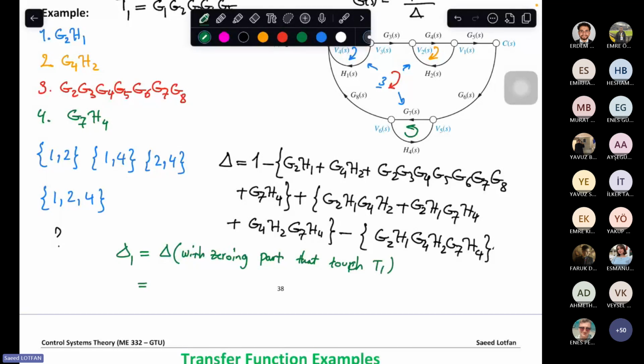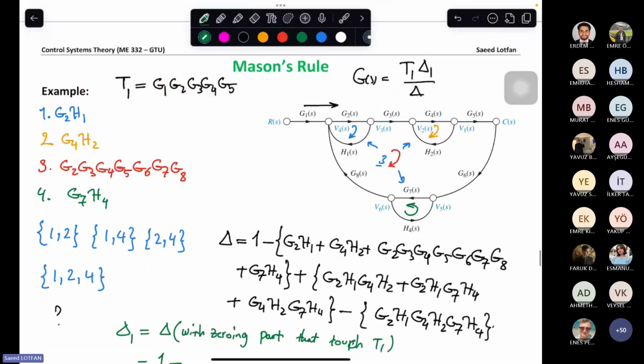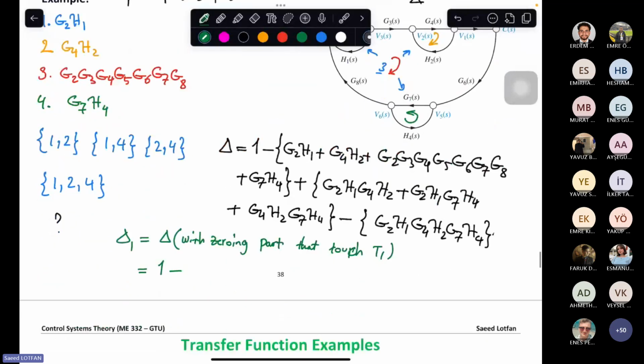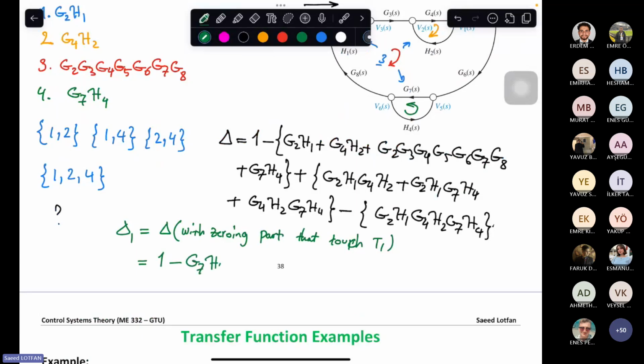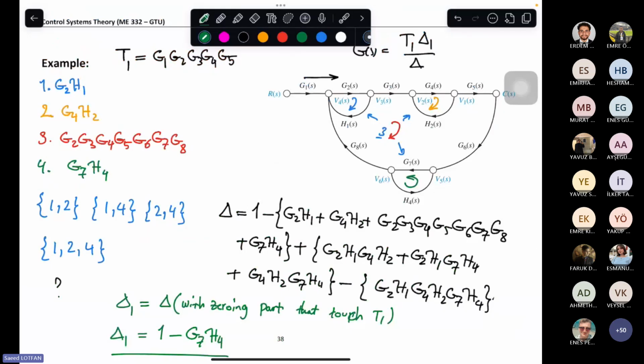So this is delta when everything is 0 except G7H4, because just this one is not touching the feed forward path.